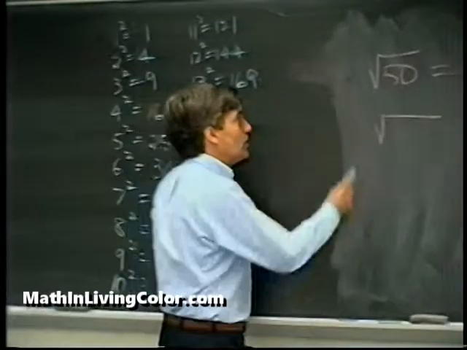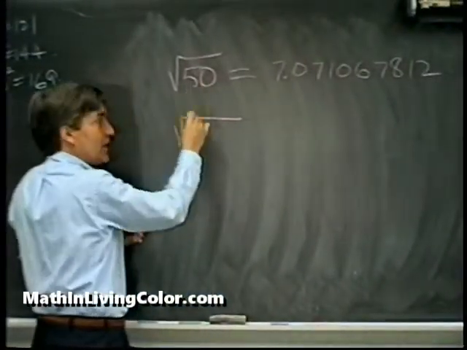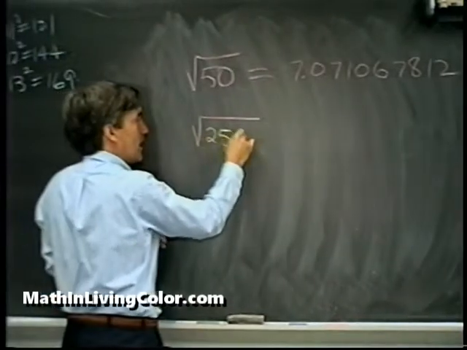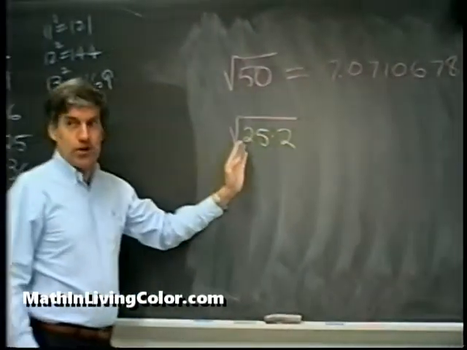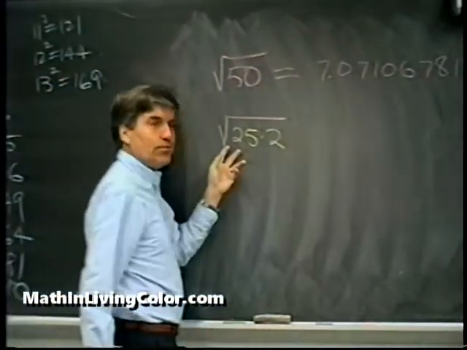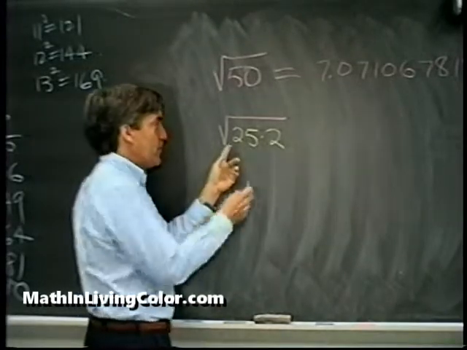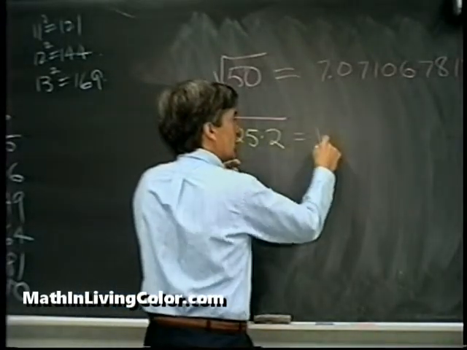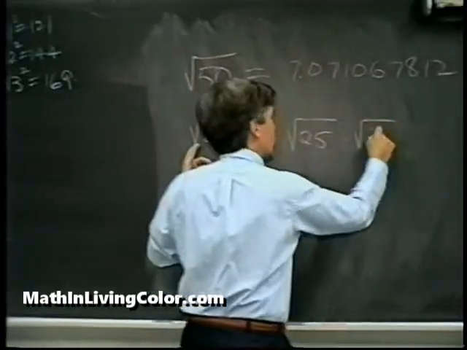So what I want to do is write this as the square root of, instead of 50, 25 times 2. Okay? Now we have this property called the product property for radicals, that says you can take the square root of 25 times the square root of 2.